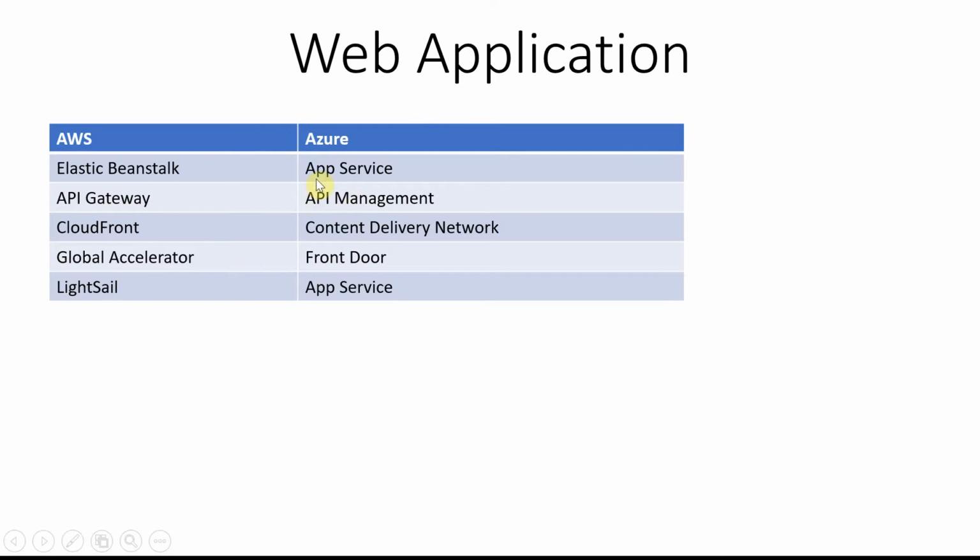App Service is something where we get a runtime built in, so you just need to bring your binary. That's all. You can deploy your web application into AWS or into Azure using App Service.